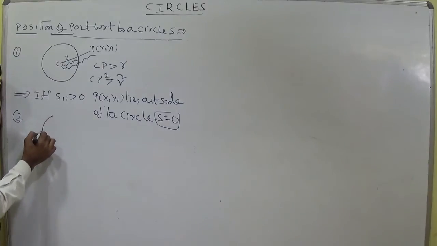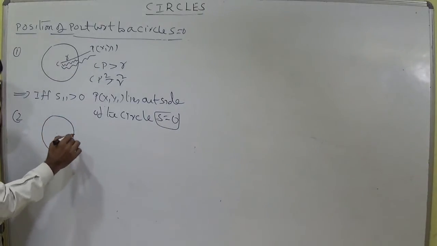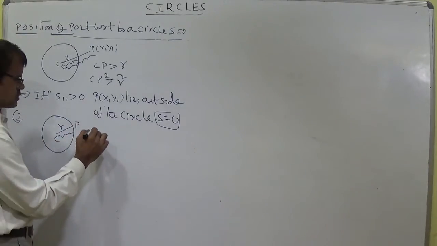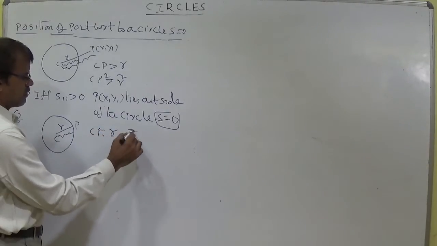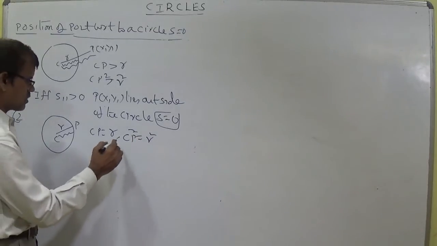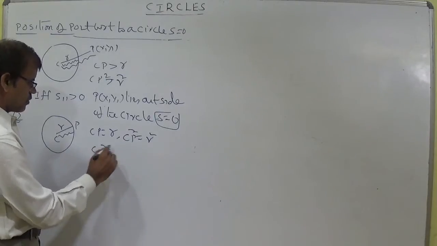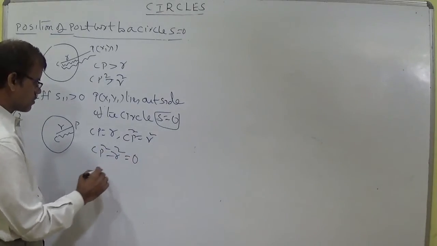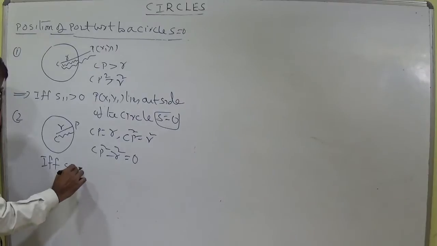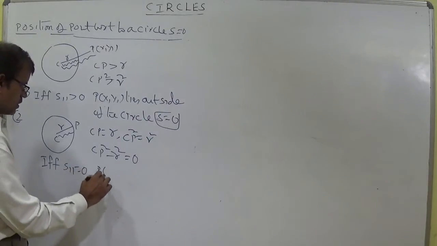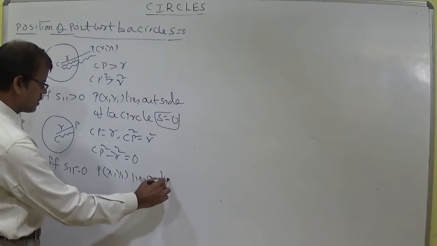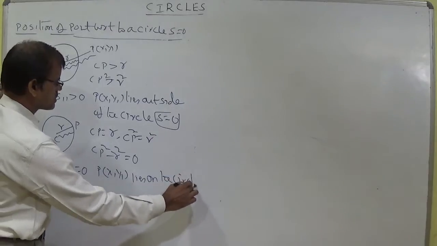Second case. Here put C, and this is P. Of course this is C, this is P, R. So CP is equal to R. Whenever CP is equal to R, by squaring both sides you can write CP square is equal to R square. Now you can write CP square minus R square is equal to 0. That implies, if and only if S11 is equal to 0, then P(x1, y1) lies on the circle, or the circumference of the circle.